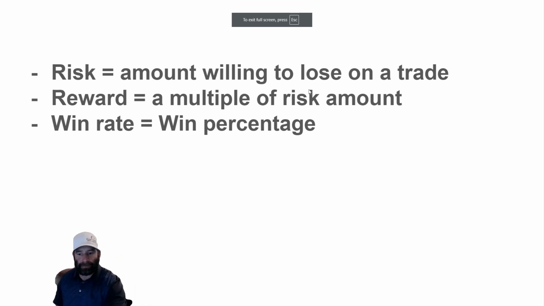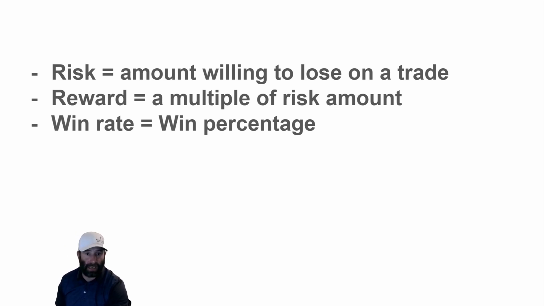Your risk is the amount you're willing to lose on a trade. So whether you're risking $50 or $100, $1,000, that is your risk amount. Your reward is the multiple of that risk.